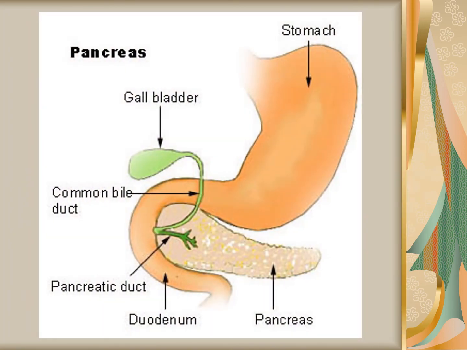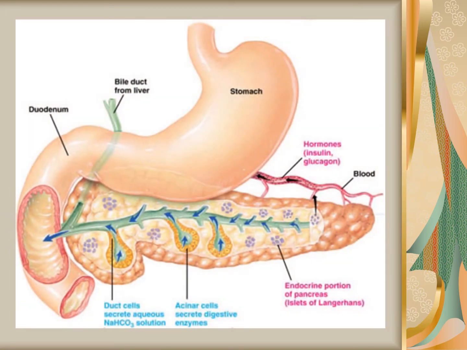Here's an illustration that reflects how the head of the pancreas is cradled in the duodenum. So here's an illustration that reflects how the hormones that are secreted by the pancreas are released into the bloodstream and how the exocrine enzymes are produced and then secreted into the ducts to be released into the duodenum.